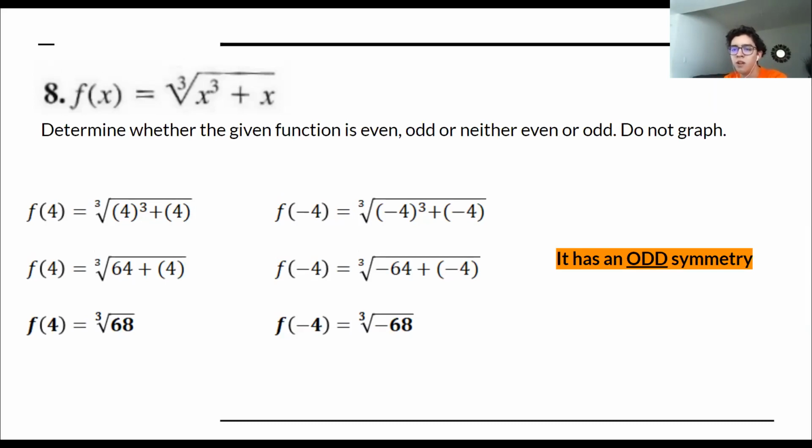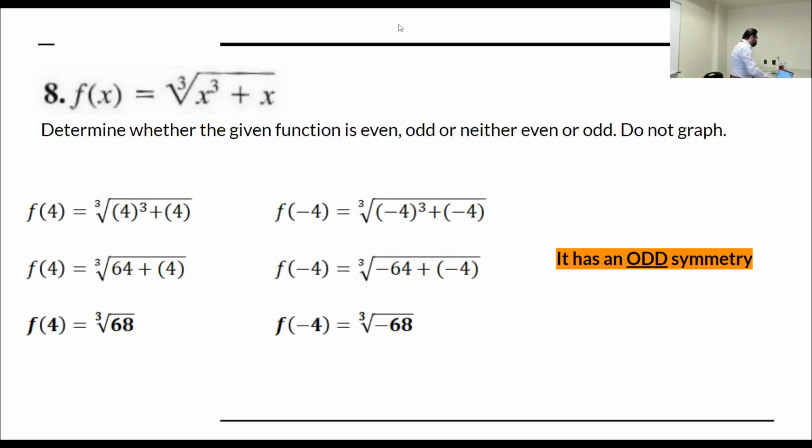We substituted 4 and minus 4, and we get the cubic root of 68 and the cubic root of minus 68. With cubic roots, you do get a result. It is not like with square roots, where it is undefined. So we have a positive value and a negative value, and this function has odd symmetry.